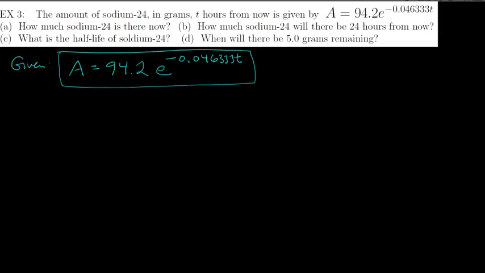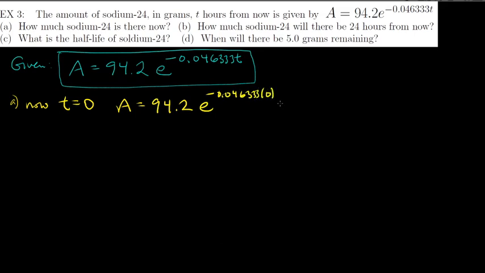Well, how much do we have now? Right now, of course, is 0 years later. So they just want us to plug in t equals 0. So if t is 0, we get 94.2 e to this awful number, 0.046333, times 0.